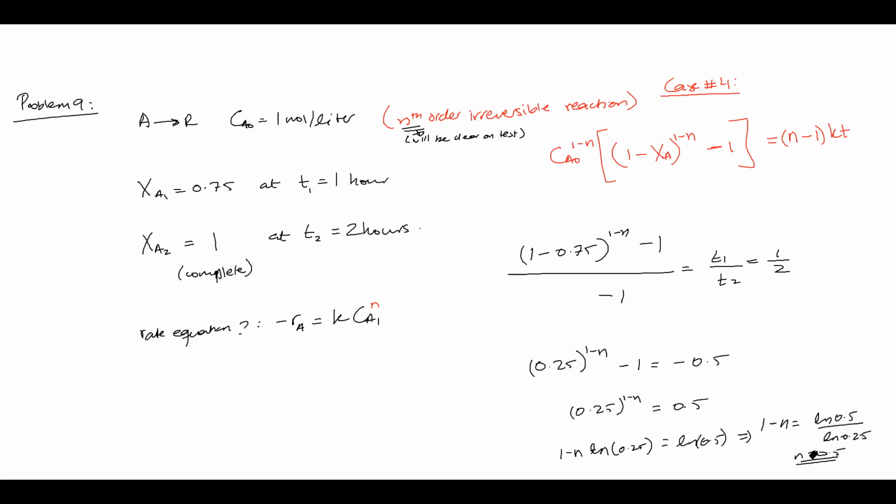And again, because the second condition is x equals 1, this condition simplifies this problem. But this is how we solve this problem anyways. And on the test, I'll make it clearer that this is an nth order reversible reaction.